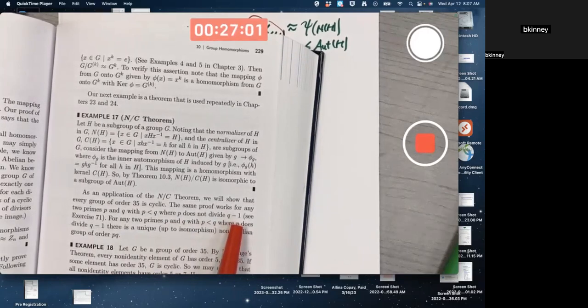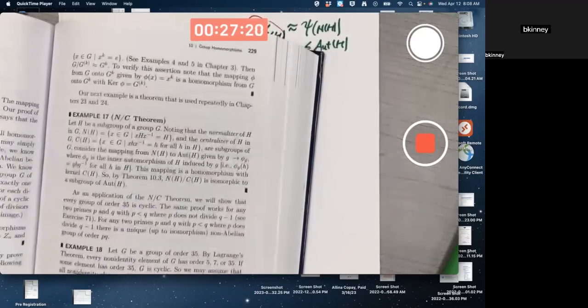Groups of order 65 are cyclic. Doesn't apply to p is 5 and q is 11, though, right? Because 11 minus 1 is 10, and 5 divides 10. Groups of order 55 are not necessarily cyclic, but maybe they are. Maybe there's some other fact you can use to prove it. I don't know.